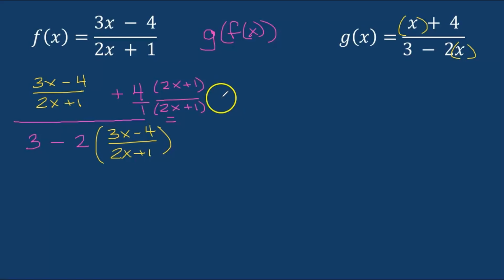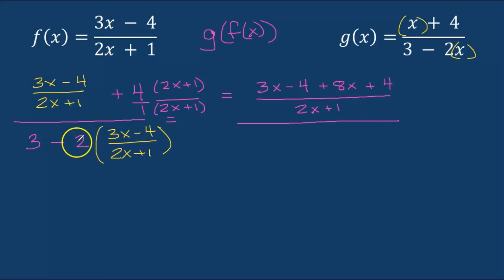That means that over here, I have 3x minus 4 on top, plus 4 times 2x is 8x, and 4 times 1 is 4. The denominator then is 2x plus 1.